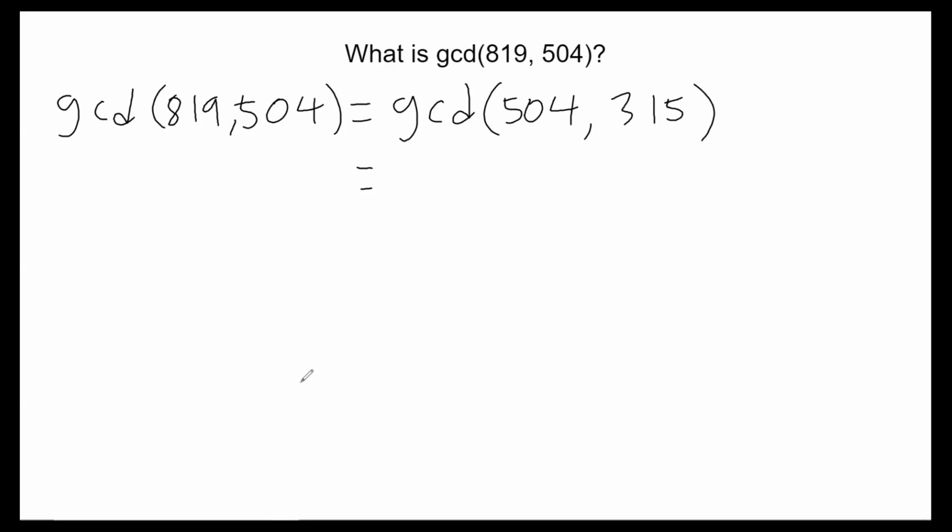And if you use the algorithm one more time, 315 is the smaller number. And the difference between these two numbers is 189, if I'm correct.